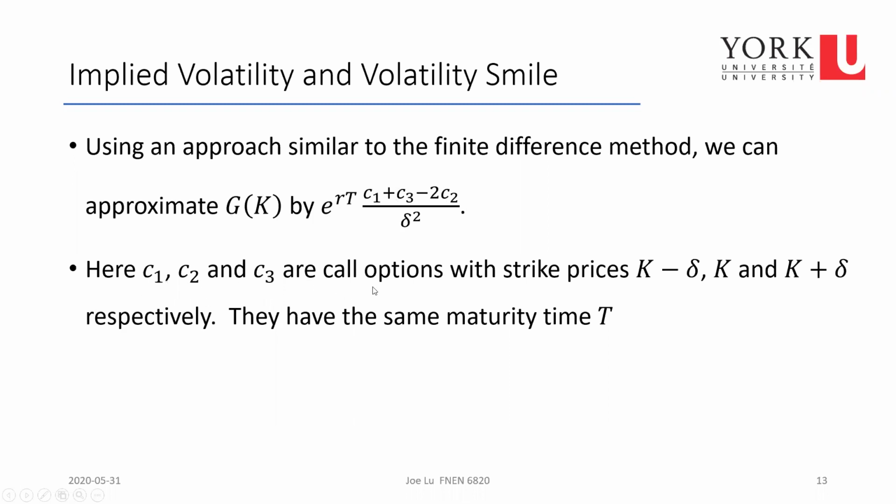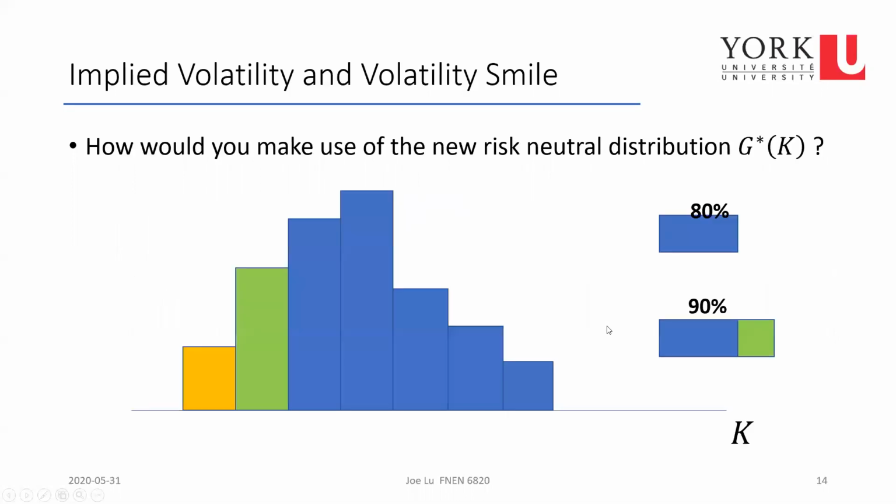These are call options with different strikes. So K1 is a strike K minus some delta, and we need an option with a strike K, and we need another option with a strike of K plus delta. All three options, however, would need to have the same maturity. So then we can have a procedure to generate a distribution like this.